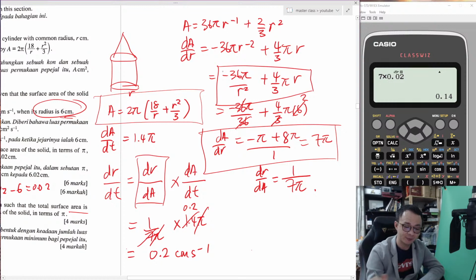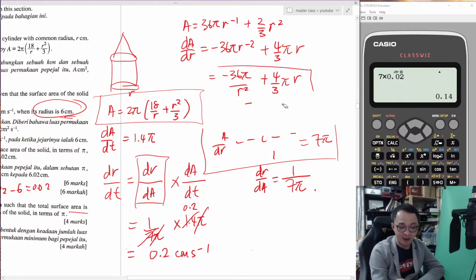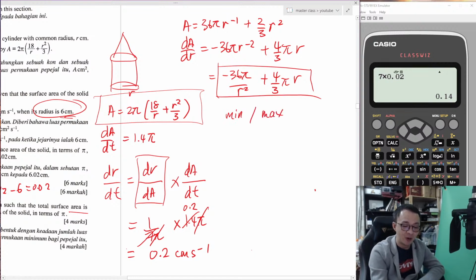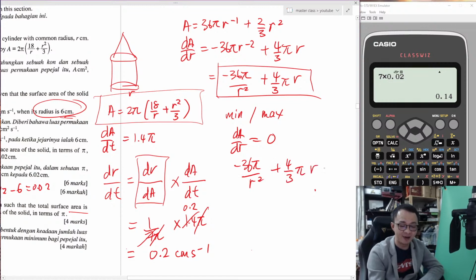Okay, maybe I just do it here so that I no need to copy again. So remember, no matter whether it's minimum or maximum, it means dA/dr equals 0. In this case, negative 36 pi over r squared plus 4 over 3 pi r equals 0.